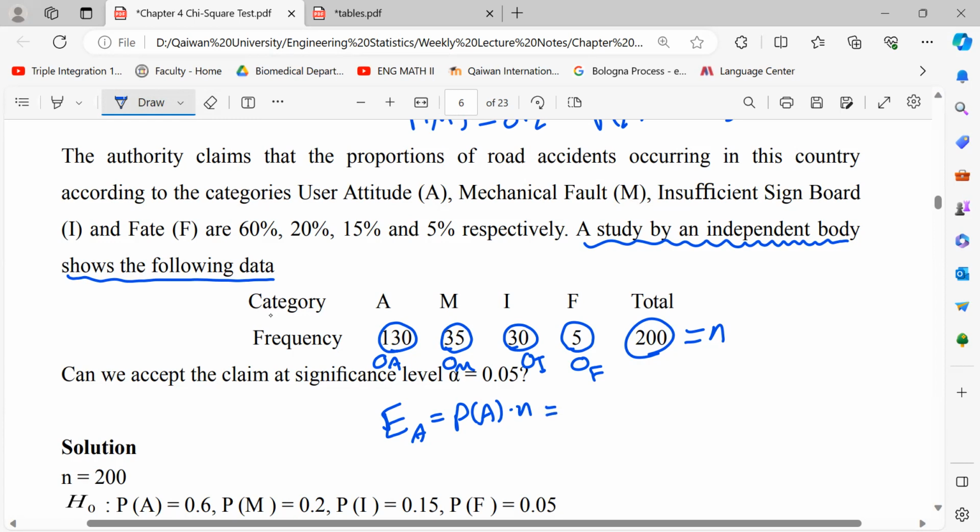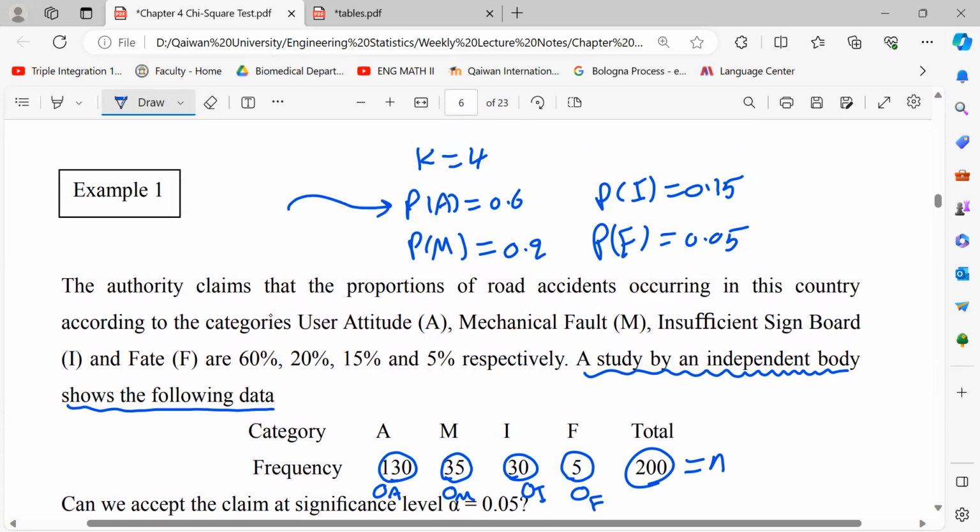The probability of A is 0.6 times 200, so we get EA. For EM, we multiply 0.2 by 200. For EI, we multiply 0.15 by 200. And for EF, the expected frequency for F, we multiply the probability of F, which is 0.05, by 200. We get all the expected frequencies.